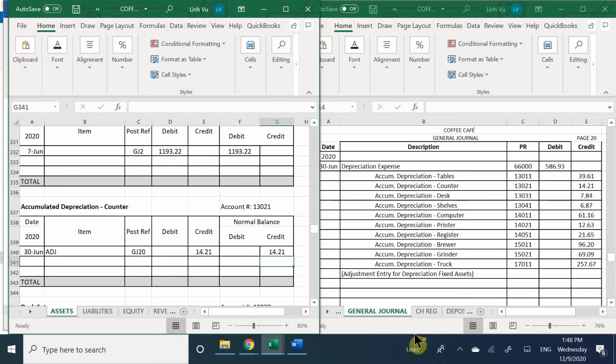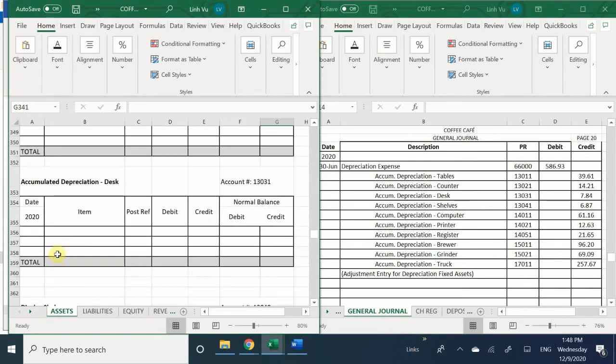All right, next, desk. 6/30 adjustment. General Journal 20. And the desk is $7.84.